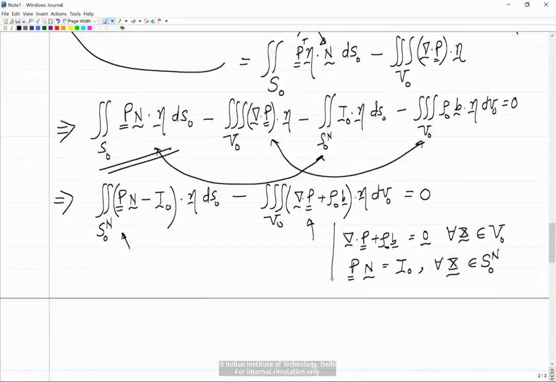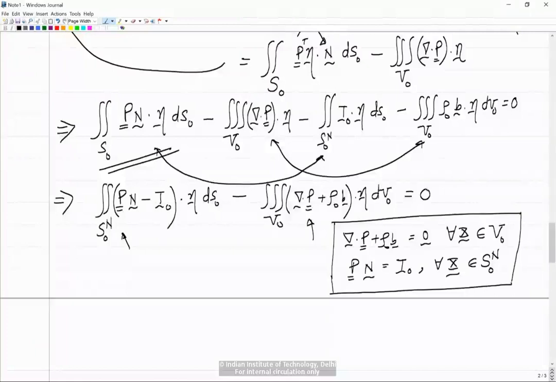So can you see, you just got back the equilibrium equation. Earlier you had derived using Newton's second law, linear momentum balance, but now you derive the same thing using principle of minimum potential energy. So what you have derived is that if you let a system minimize its potential, the governing equation is the same that you obtain from the linear momentum balance.